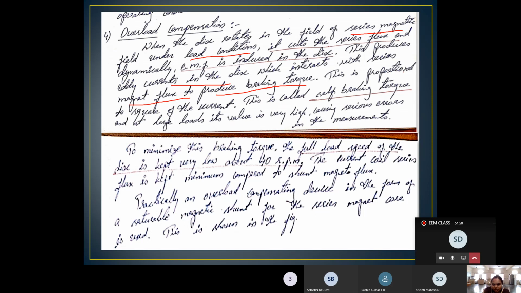This is directly proportional to the square of the current. This is called the self-braking torque. Okay, this is a normal one, and it occurs at large loads.